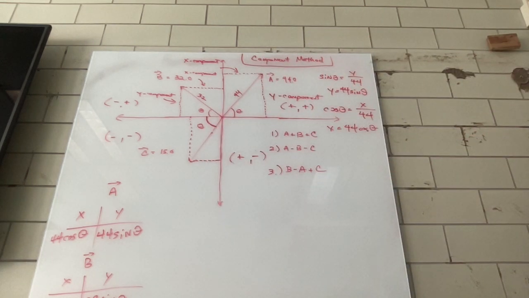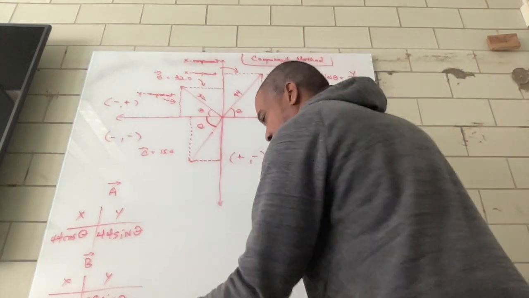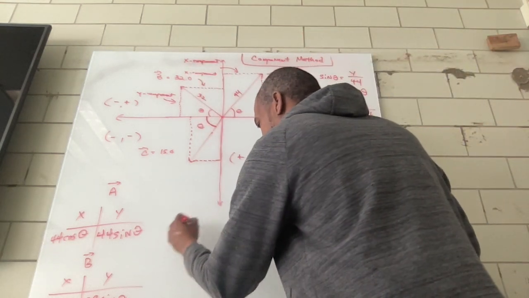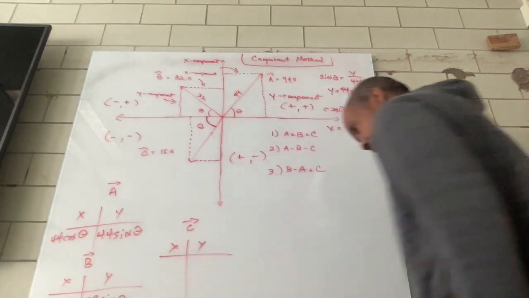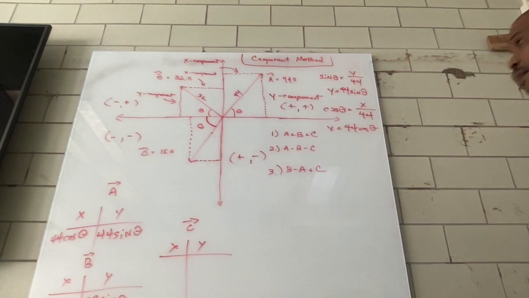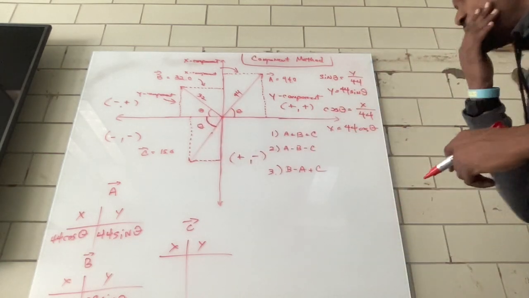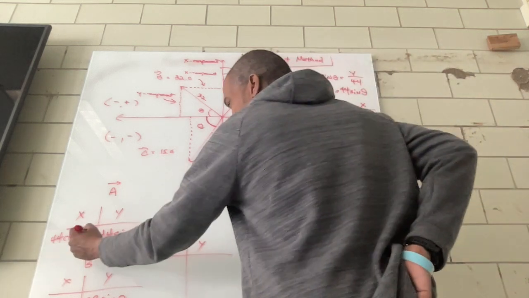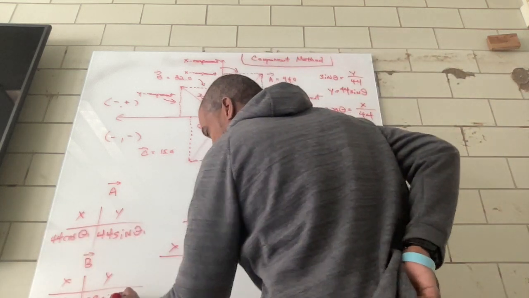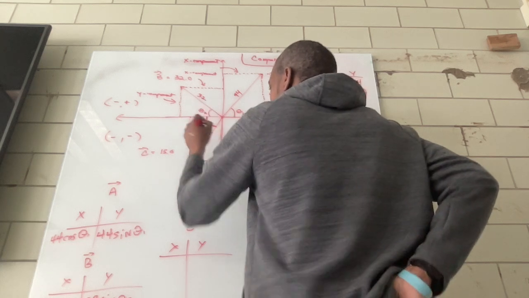See that? Now, for vector C, here theta, I'll just do theta 1, theta 1, theta 2, theta 2, theta 1, 2, and 3.